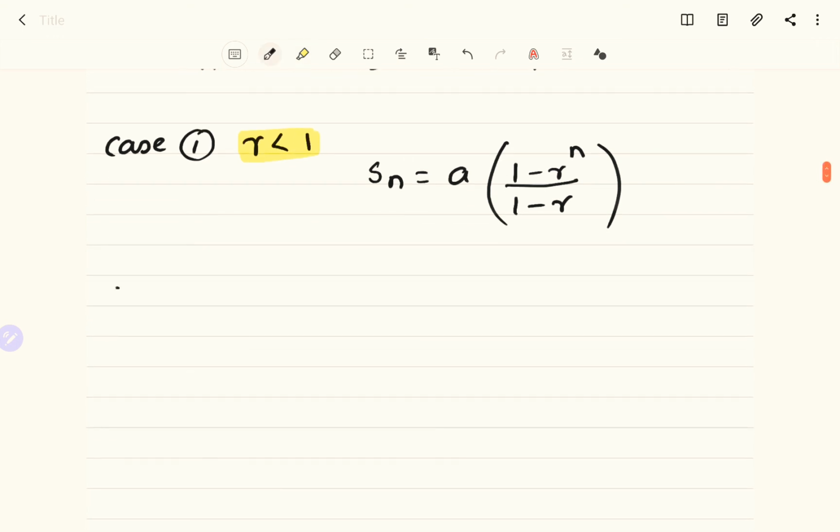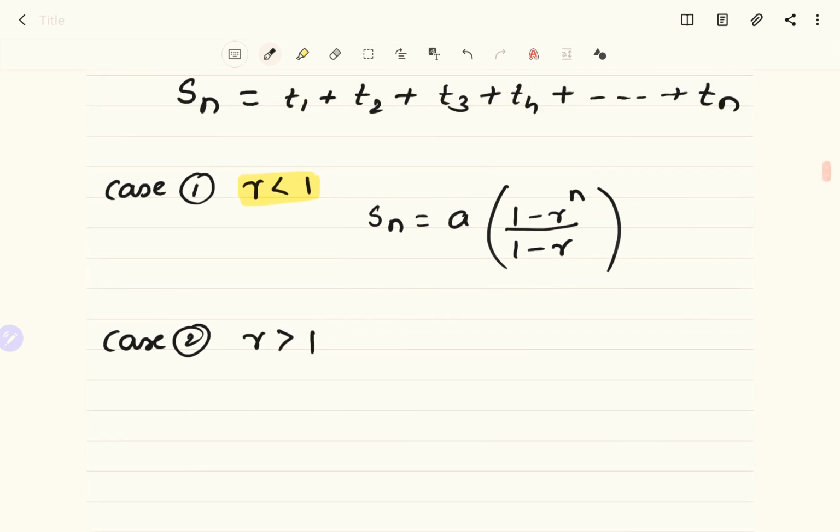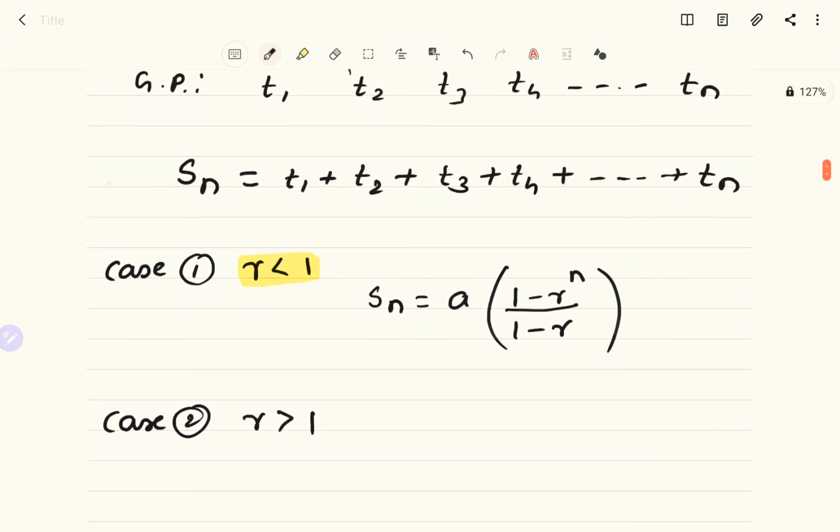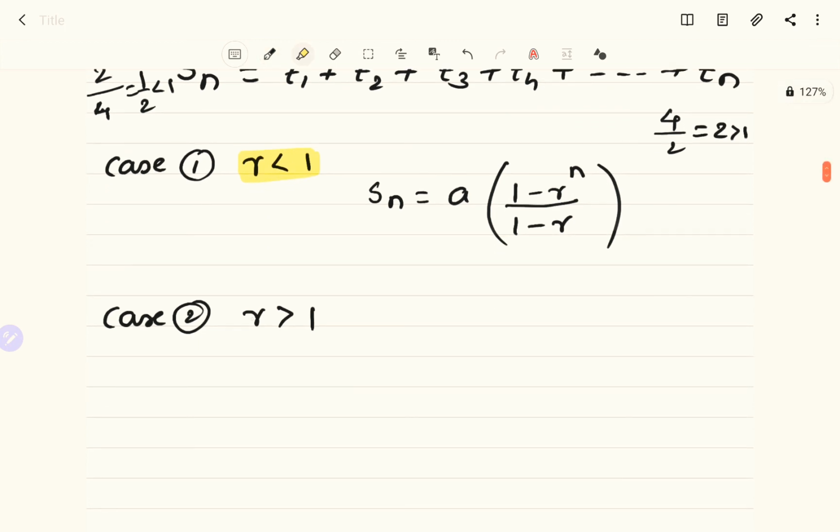Then case number 2: there is a slight change in the formula if the ratio is greater than 1. If you take the ratio of two successive terms, say 2 divided by 4, the ratio is 1 by 2, which is less than 1. But there might be a case where you observe 4 divided by 2 and the ratio is 2, which is greater than 1. So in a few sequences the ratio is less than 1, and in other examples the ratio is greater than 1.